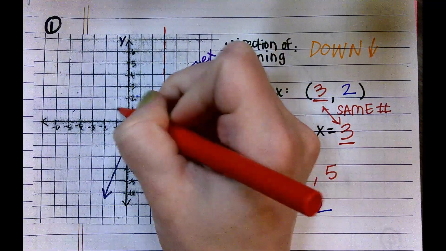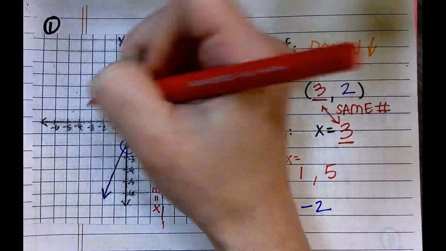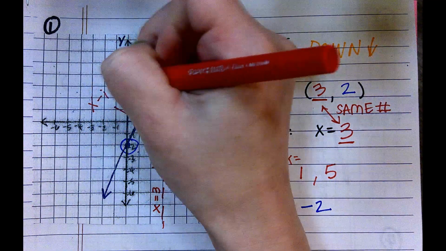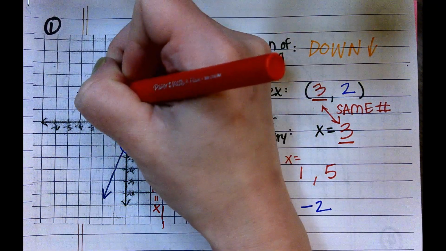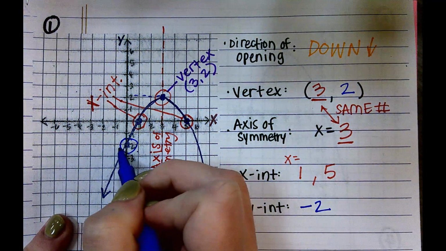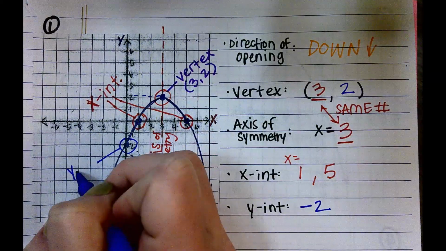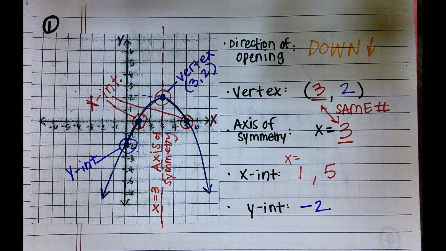You should point to these and say x-intercepts. Just do INT. And then this is our y-intercept. So sometimes just labeling those on the graph gives you something to look back at. Might help later on.